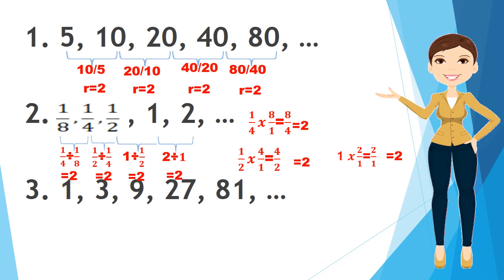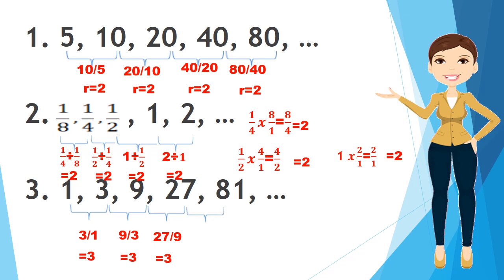So in number 2, we have proved that that pattern illustrates geometric sequence because of having a common ratio and the next term obtained by multiplying the preceding term by a common ratio of 2. In the next pattern, let us prove that they have a common ratio. So let us take a look at 3 divided by 1. So we have 3. 9 divided by 3, the answer is 3.